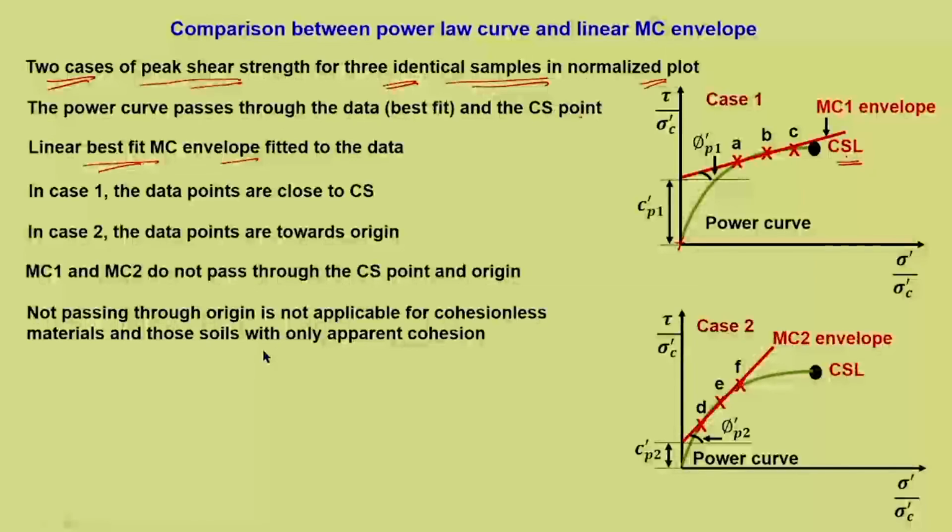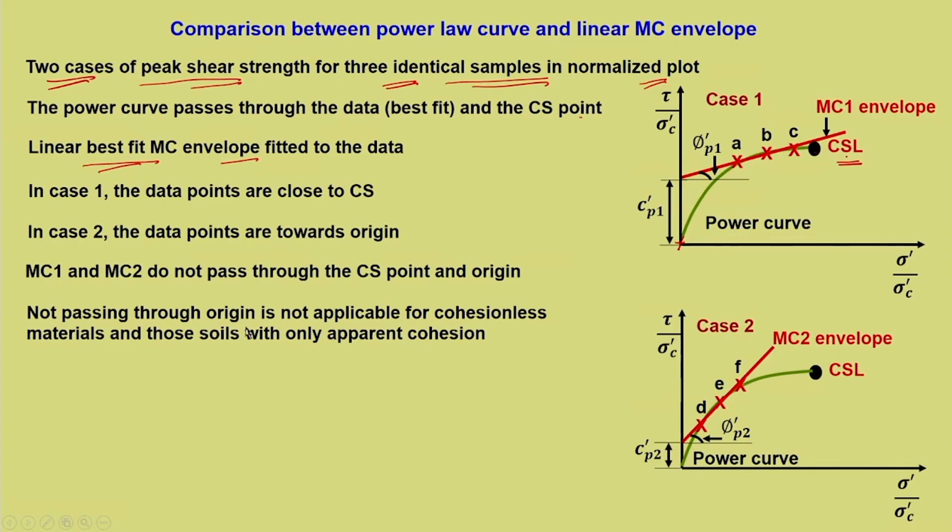For peak, we know that it has to pass through the origin to satisfy the lower end, and it has to pass through the critical state to satisfy the upper end. Both Mohr Coulomb best fit lines will not pass through these 2 points. So, you can see that Mohr Coulomb is a kind of violation for representing the peak behavior, but still it is valid. We will see how.